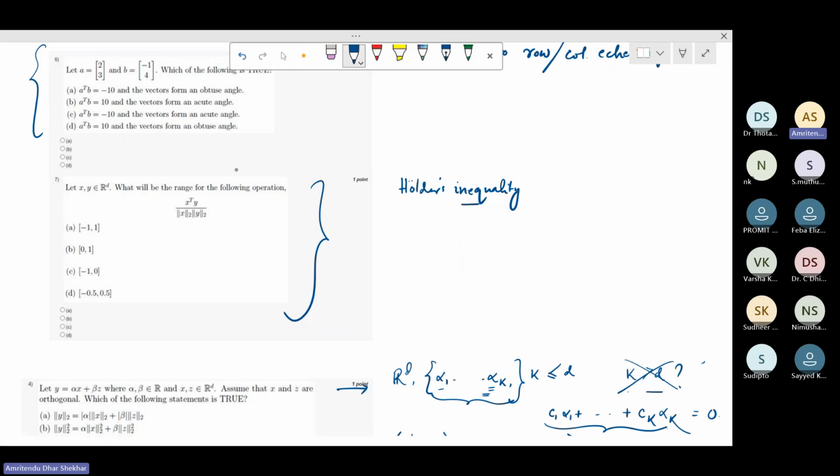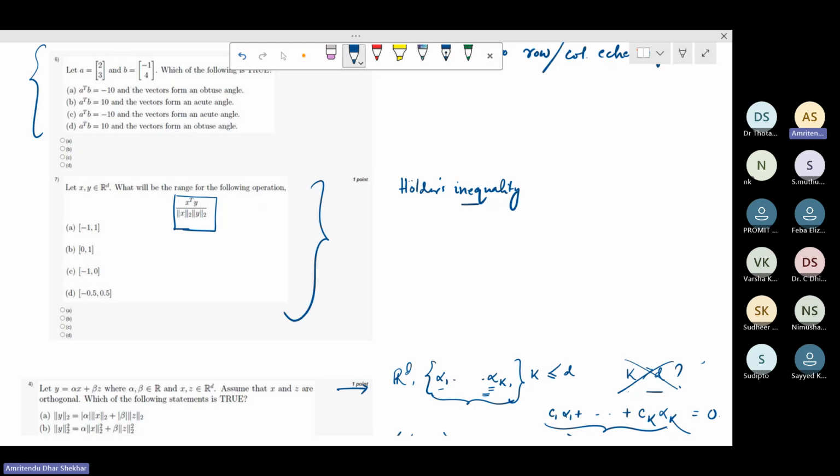Which this one? This one? Yeah, I think the answer is yes. You can think of this as the inner product of two unit vectors. You can treat this as inner product of two vectors because of this reason.